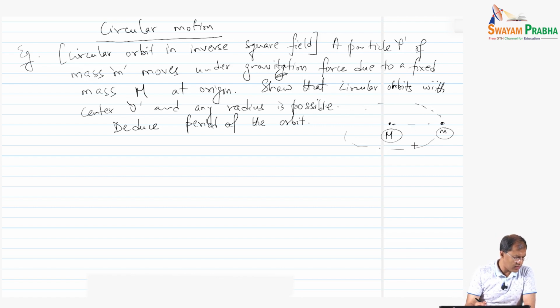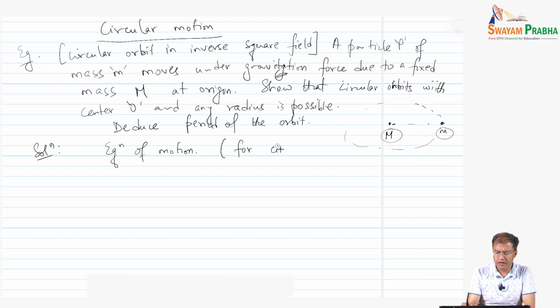Okay, so in this case, my equations of motion will read as follows. We have to show that this is for circular orbits. We see that the following happens: R dot is 0 and V is R times theta dot, right?